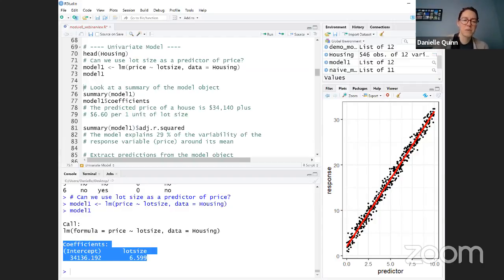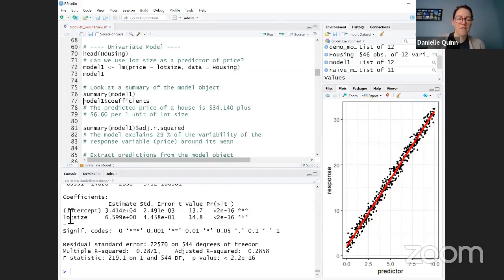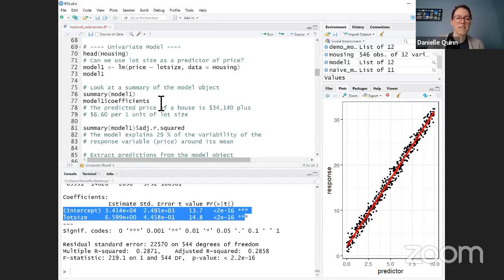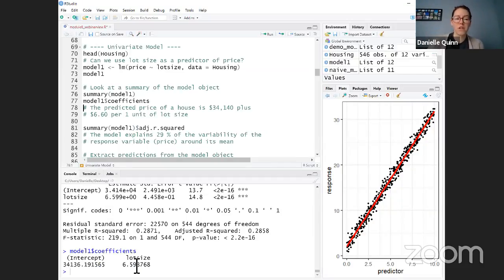The intercept is about 34,000, and the lot size slope is about 6.6. We could also look at a summary of that model for more information about those coefficients, or use Model 1 $ coefficients to pull out the coefficient information.